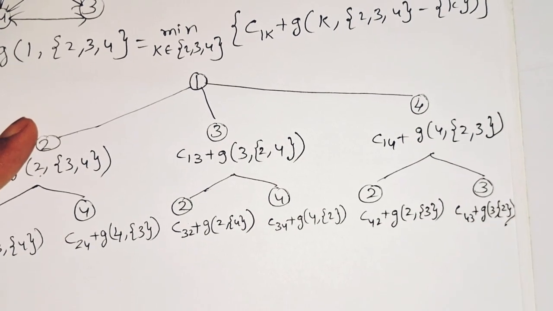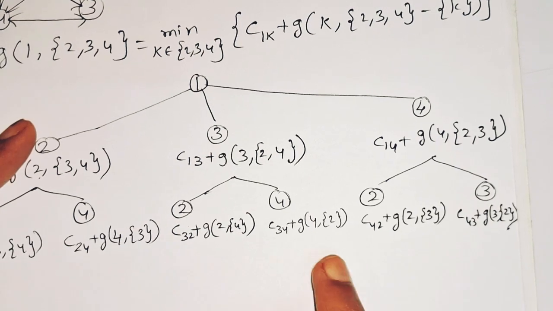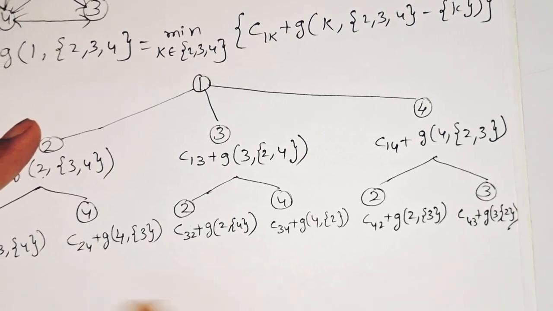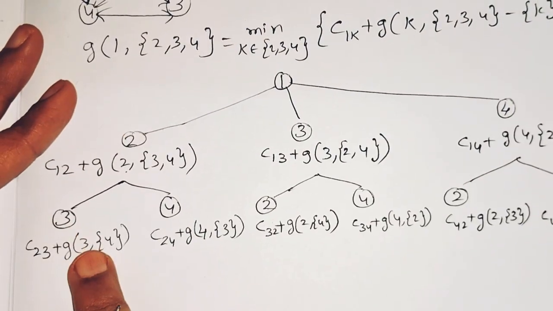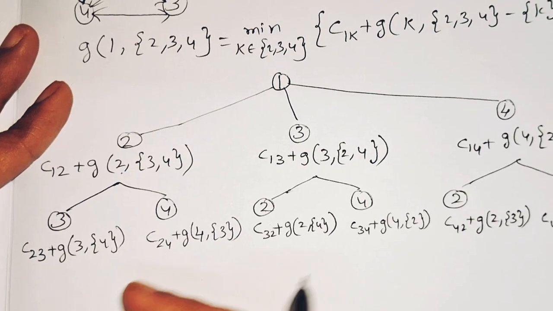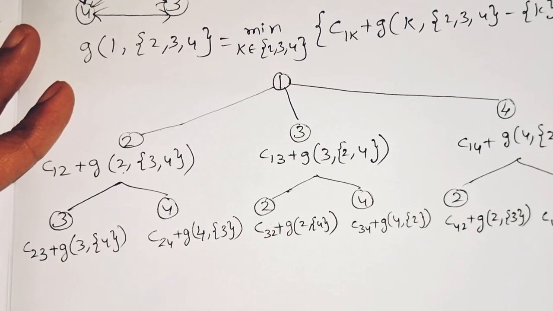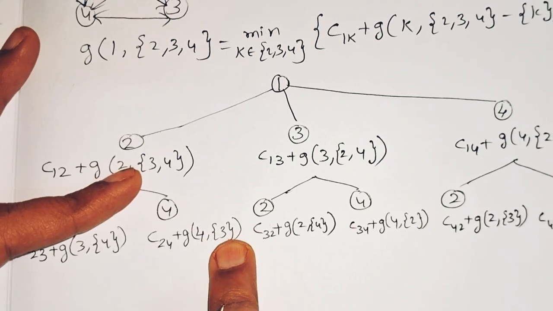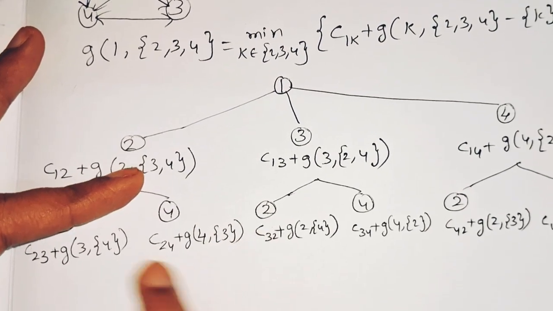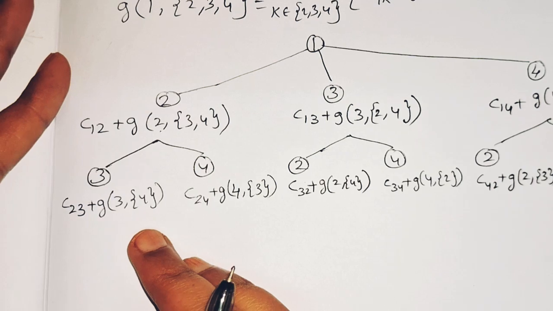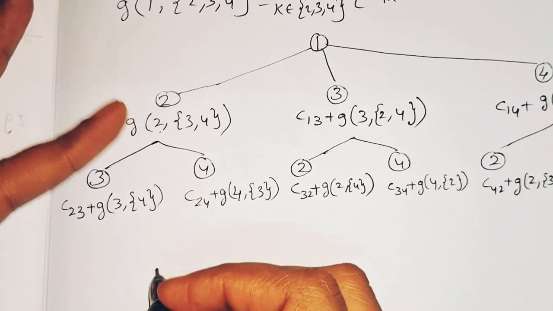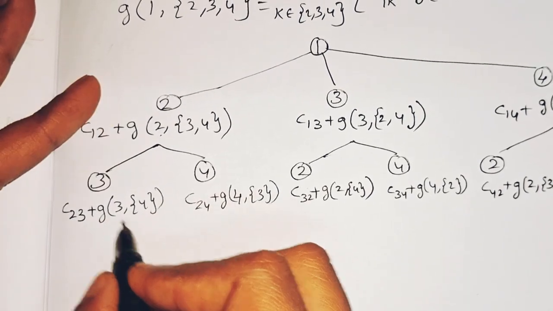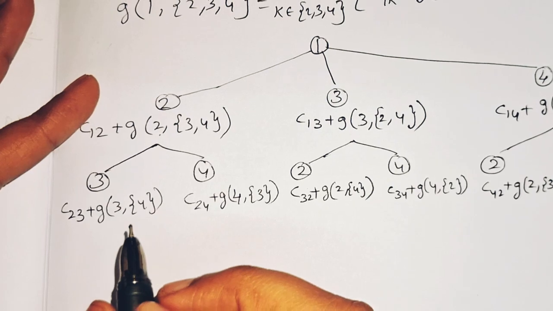Okay, so these are the formulas that we have written for each and every node. So here 3 is the visited node and 4 is the next node that we are going to visit. Similarly here 4 is the visited node and 3 is the next node that we are going to visit. Okay, so now from 3 we have to visit node 4, right?